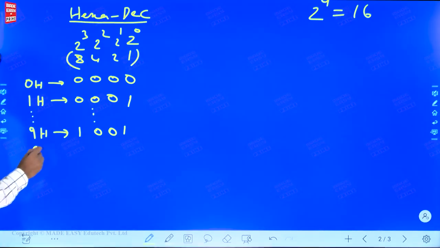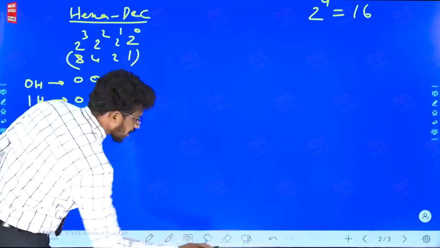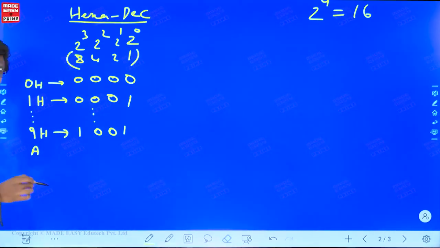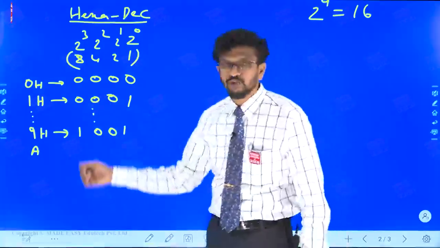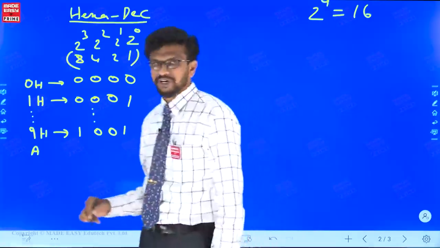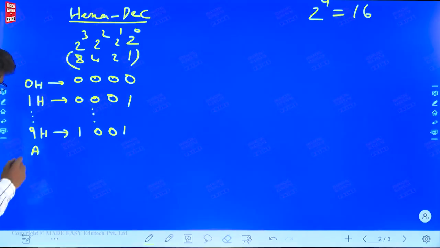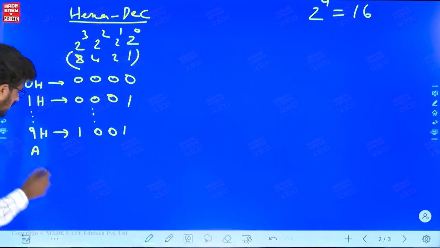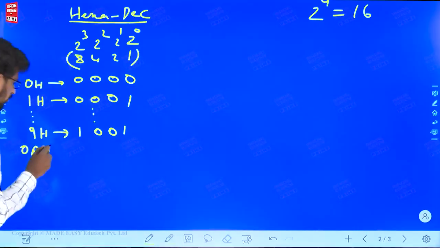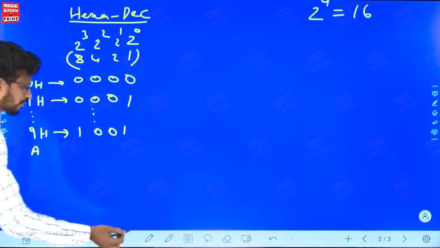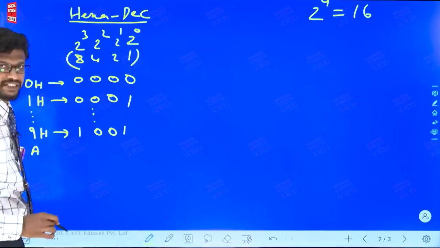So let us say A. Actually, A should also have H. To avoid confusion with alphabets, I am simply writing only A. To be frank, you must write AH. Whenever you write a hexadecimal number which starts with an alphabet from A to F, you must put 0 before it, so I can write 0AH. But to avoid confusion, I am simply putting A as of now so that you can understand the calculation easily.